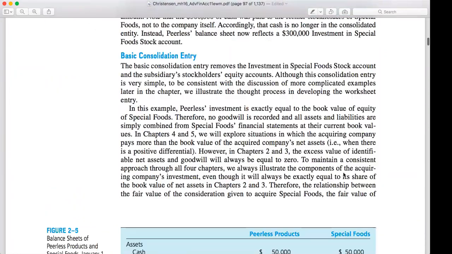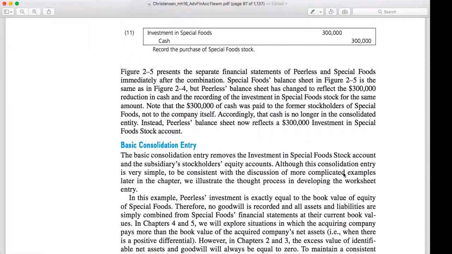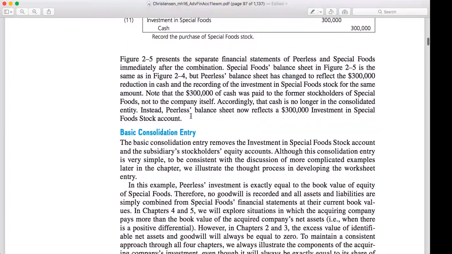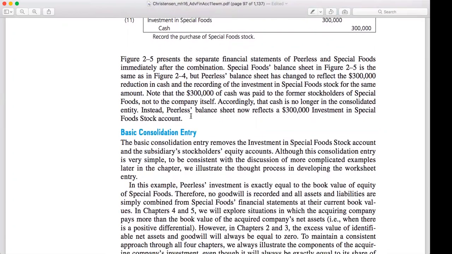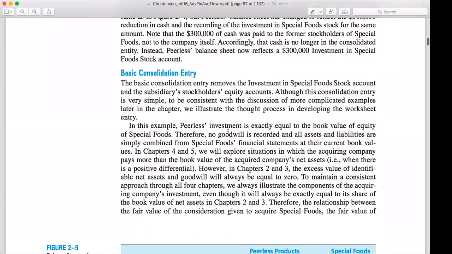Okay, this is Peerless's balance sheet, changed to reflect 300, and note that 300 cash was paid to the former stockholders of Special Foods, right? So the cash is no longer there in the consolidated entity, but it's been reflected as a 300,000 investment.